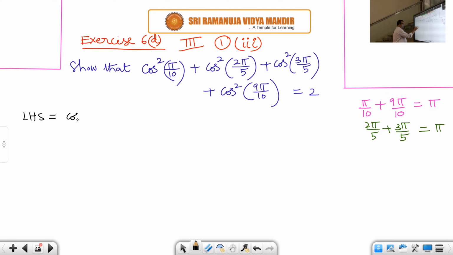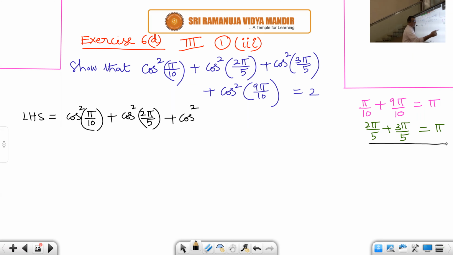So we'll start with the left hand side. Cos square pi by 10 plus cos square 2 pi by 5, these two we write as it is, but the other angles we will change. How can you write 3 pi by 5, Lalit Chaitanya? Pi minus 2 pi by 5, sir.